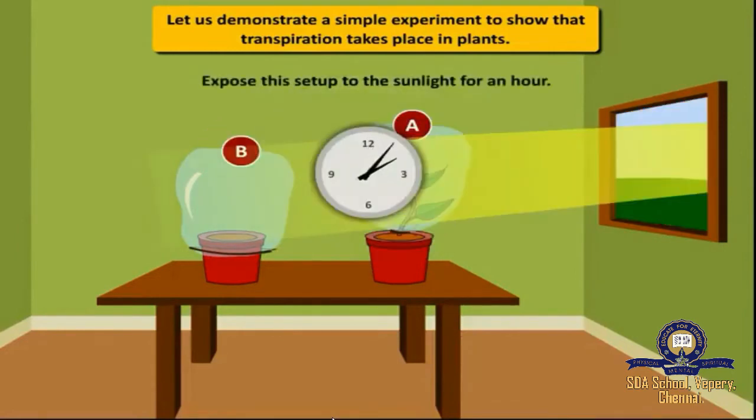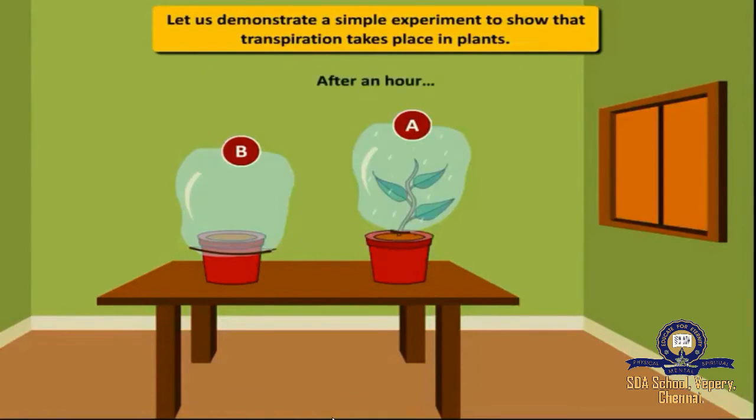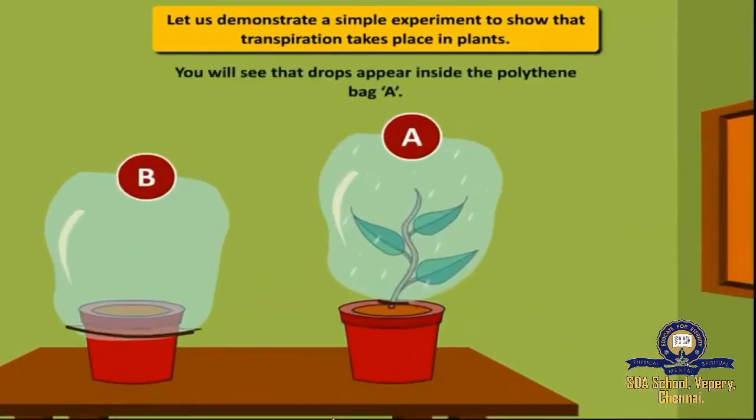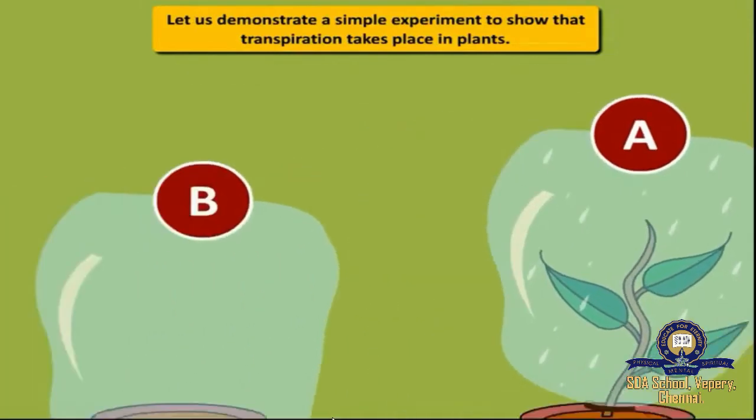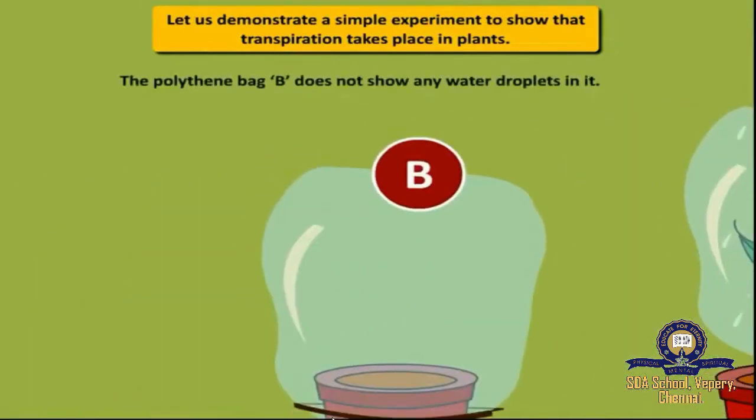Expose the setup to the sunlight for an hour. Keep it for 1 hour, and after an hour, you will see that drops appear inside the polythene bag A, and the polythene bag B does not show any water droplets in it.